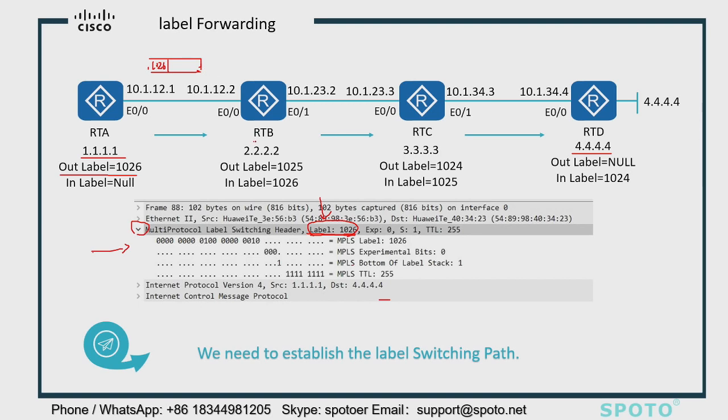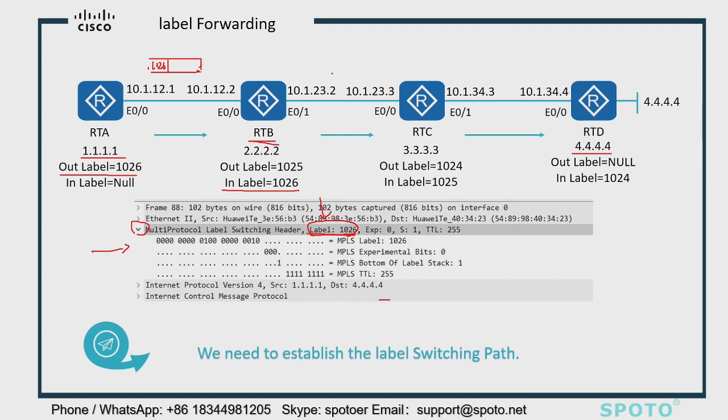For RTB, when RTB receives this packet, the in label is 1026, okay? Also, when we use the MPLS protocol, RTB will have a label forwarding table, just like the routing table. But the router doesn't need to search all the MPLS forwarding table.